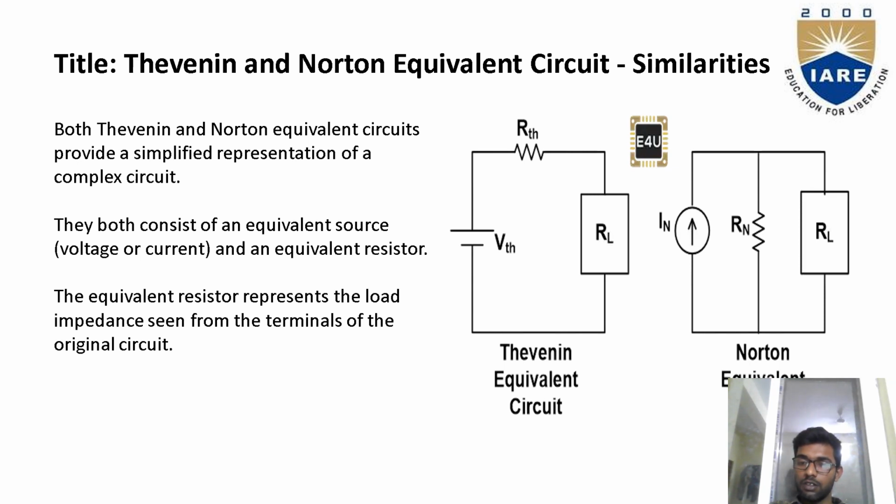This is the connection of Norton's equivalent circuit, and this is the connection of Thevenin's. The main difference is that Thevenin's equivalent circuit is in series connection, and Norton's equivalent circuit is in parallel connection. That is the only difference we have seen.